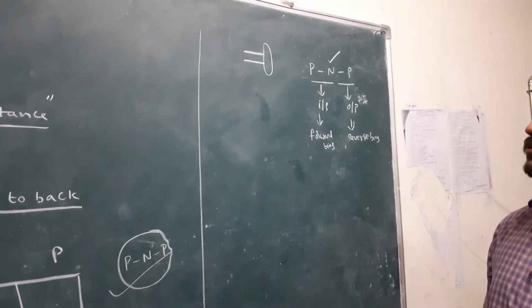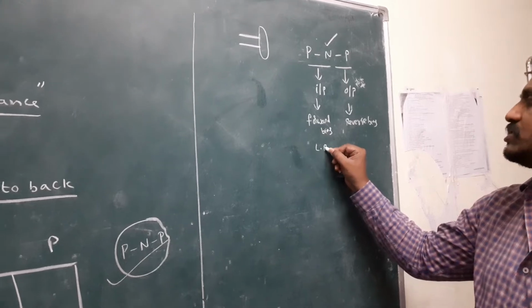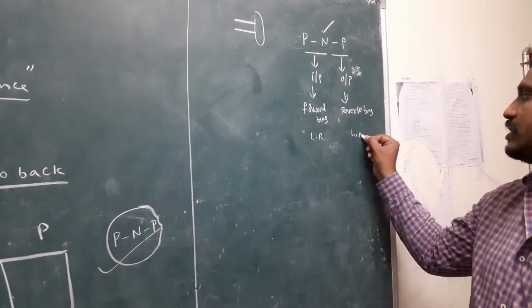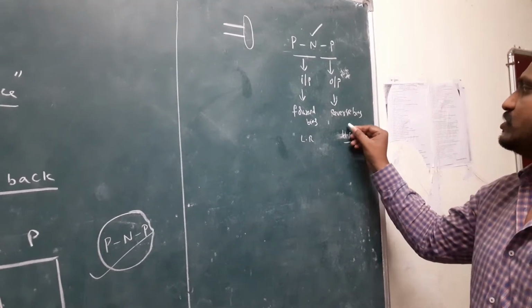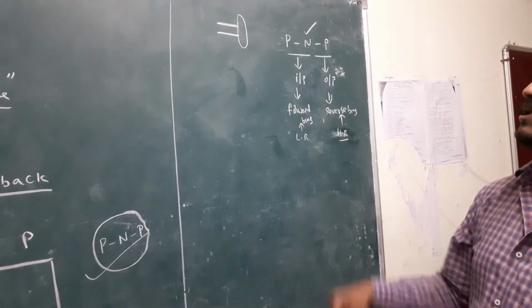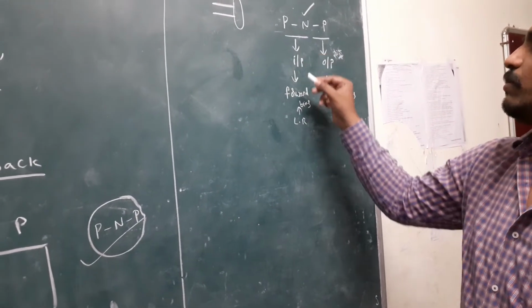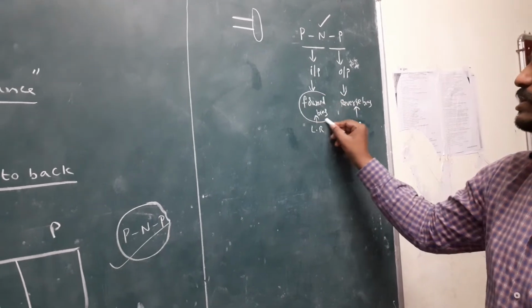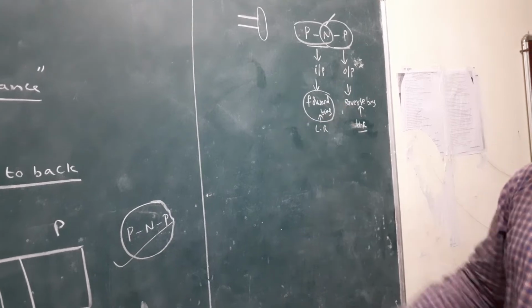Generally, what is the use of transistor? To transfer a current from low resistance to high resistance. High resistance means what bias? Reverse bias. Low resistance means what bias? Forward bias. That means the first two terminals are connected in forward bias, and the next two terminals are connected in reverse bias.